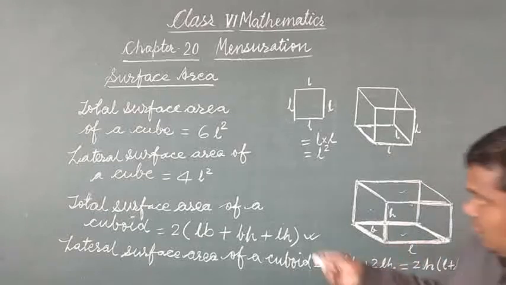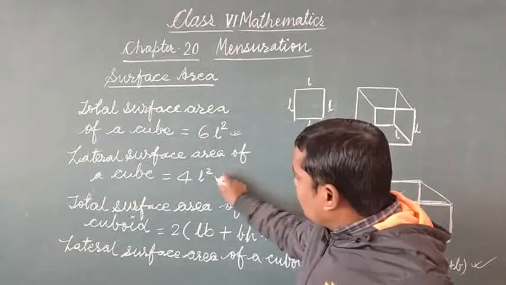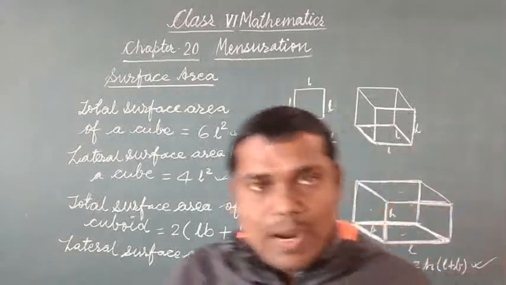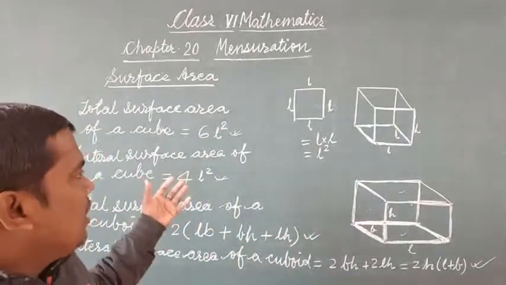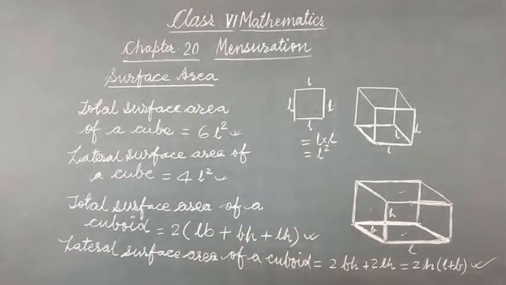Like this, if dimensions are given for the cube and cuboid, you will easily calculate total surface area and lateral surface area of the cuboid.